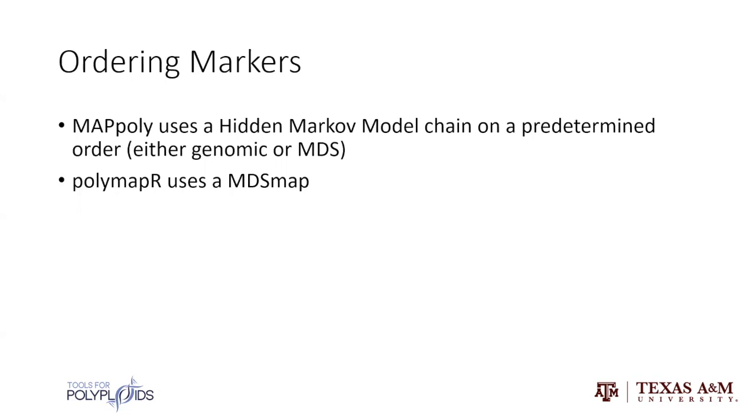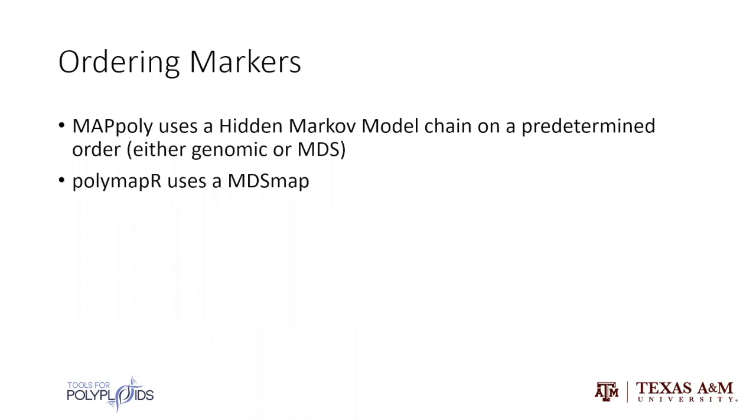You have to feed MapPoly either the genomic order, the physical positions on each chromosome of each marker as a given order, or you can feed an MDS order, and it will try to place the markers and phase all the markers in the right phase. That's what I was thinking about. But you need to provide it an order ahead of time. So that could either be genomic or MDS.